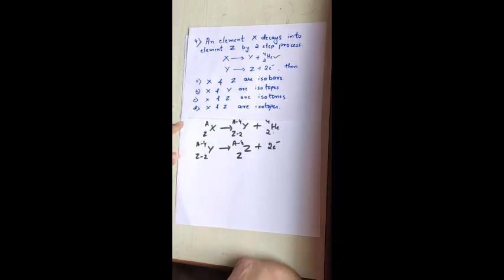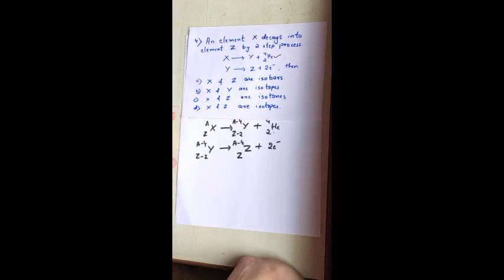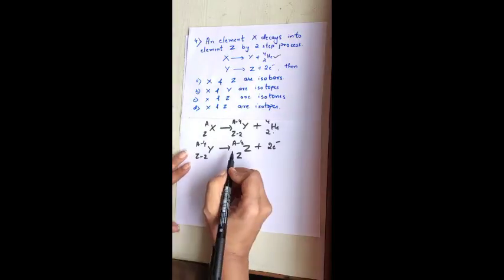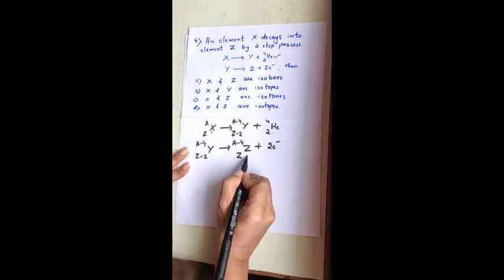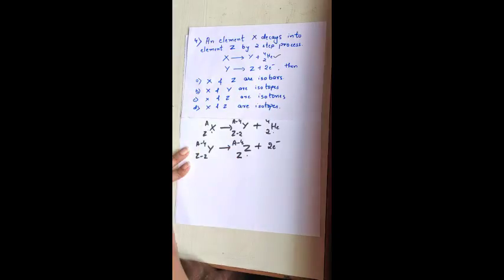So if I consider the fourth option, X and Z are isotopes. Isotopes are those elements which have same proton number but different mass number. So now here if I consider X and Z, they have same proton number but different mass number.